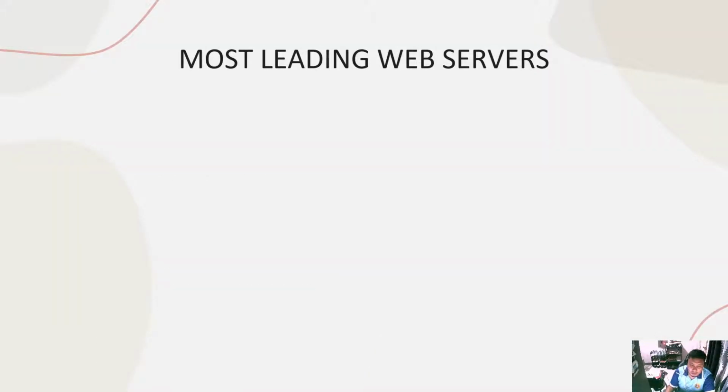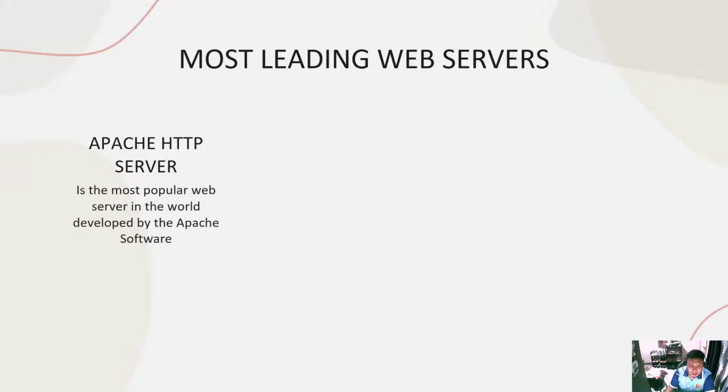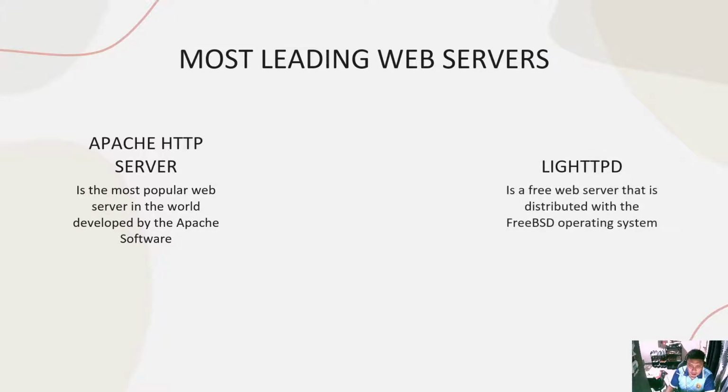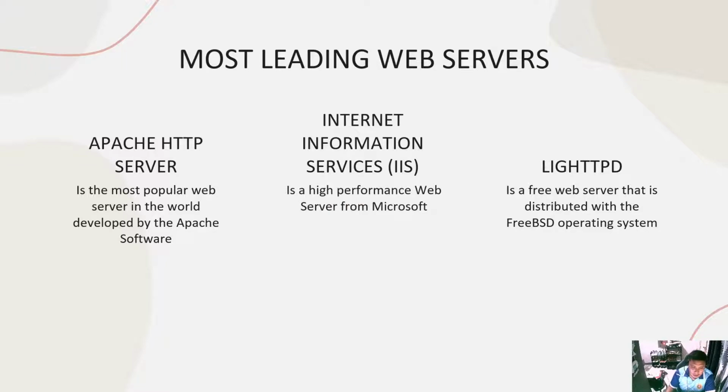Okay, the most leading web servers. We have Apache HTTP Server, the most popular web server in the world, developed by the Apache Software Foundation. Lighttpd is a free web server that is distributed with the FreeBSD operating system. You have Internet Information Services (IIS), a high-performance web server from Microsoft.